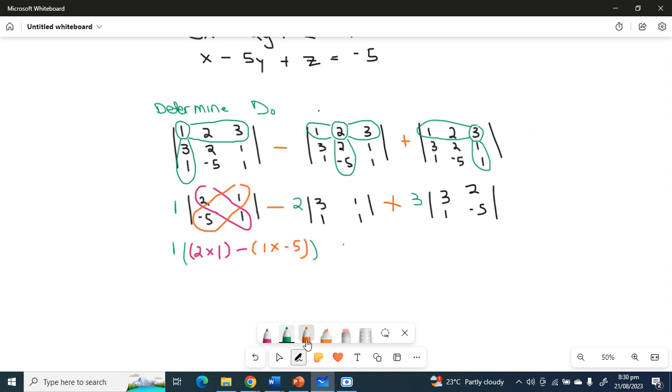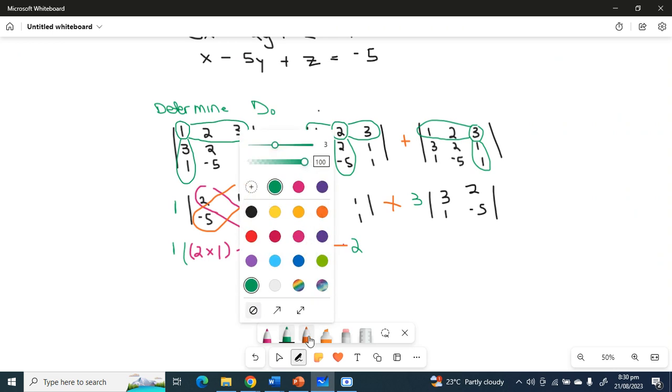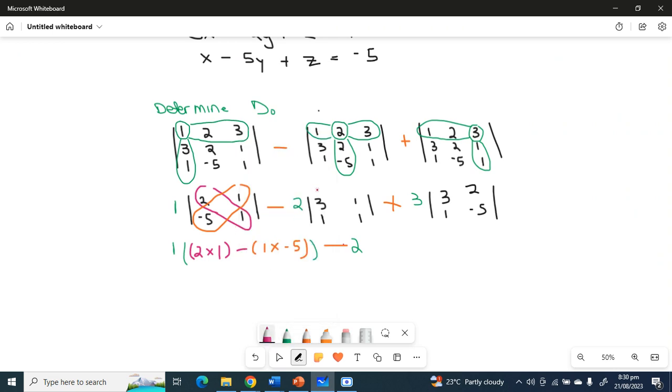Then we're going to say minus, we go to the next matrix, we have our 2 outside here. We get the leading diagonal, which is 3 times 1, minus the trailing diagonal.